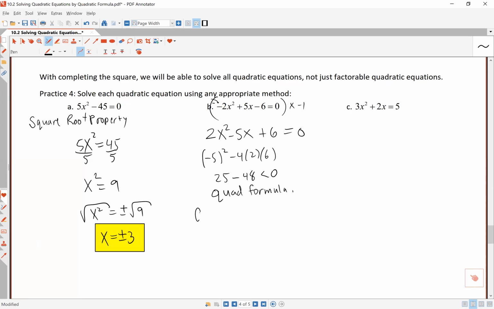So we say that A is 2, B is -5, and C is 6.